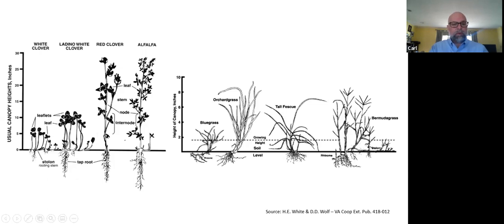Your ladino clover or your white clover, it's going to be here close to the surface. And the same thing with grasses. So bluegrass and orchard grass, the growing point stays fairly low, out of the way of grazing livestock. Other grasses don't quite behave in the same way.